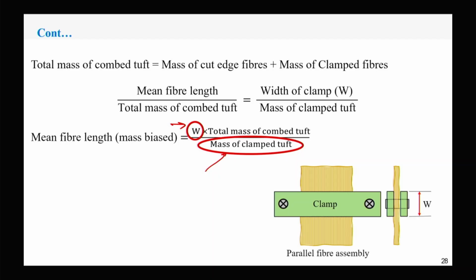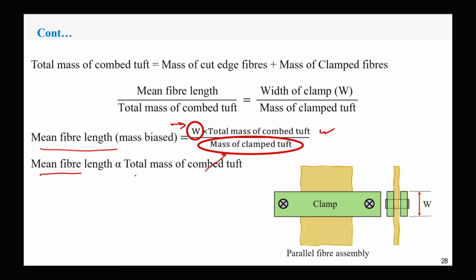So fiber density we are eliminating with that ratio, so that the mean length of the fiber is proportional to the total weight of the fiber. With this ratio we can calculate. So mean fiber length is proportional to the total mass of the fiber.